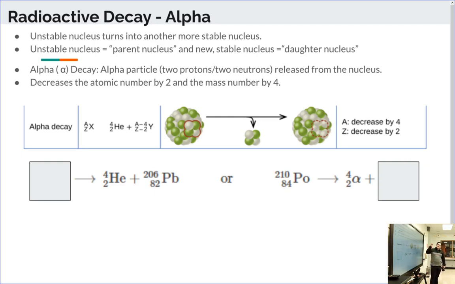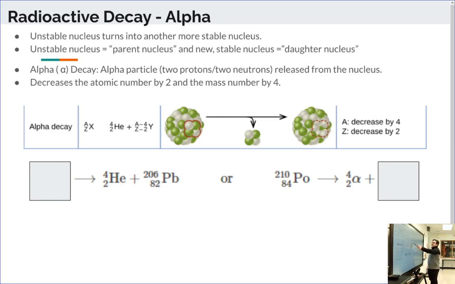So the first one being radioactive decay is alpha. So if a nucleus is unstable, right, I wouldn't necessarily need to draw this picture out, but what is above it and below it absolutely is important. Okay, if this nucleus is unstable, it wants to get rid of some protons and some neutrons. So what does it do?